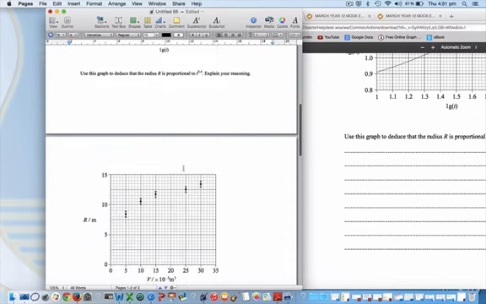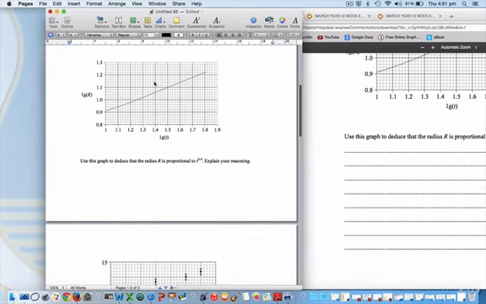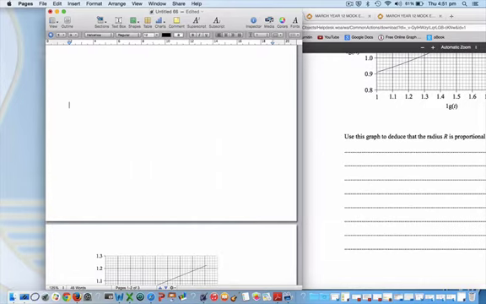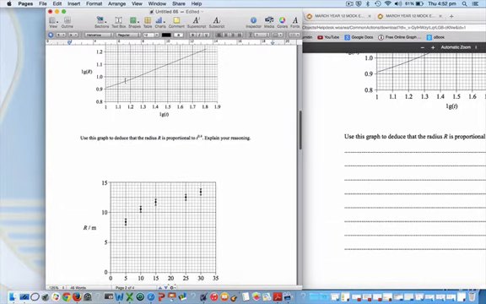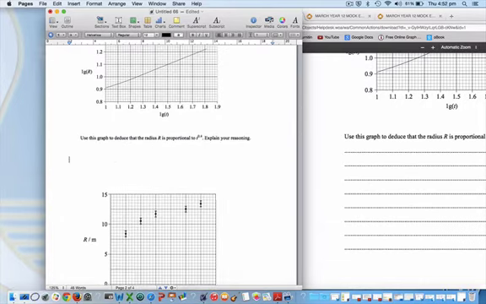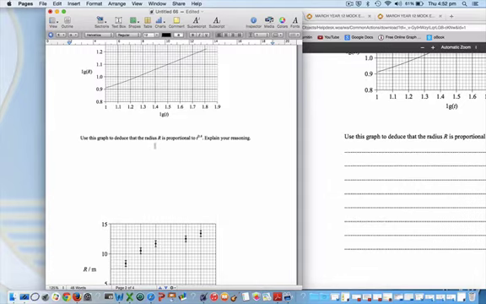So let's have a look at how we might go through this. I'll just move this onto the next page down here so I can type a little bit. So here's our graph. Question being, use it to deduce that the radius r is proportional to t to the power of 0.4. So r is equal to k t to the power of n.